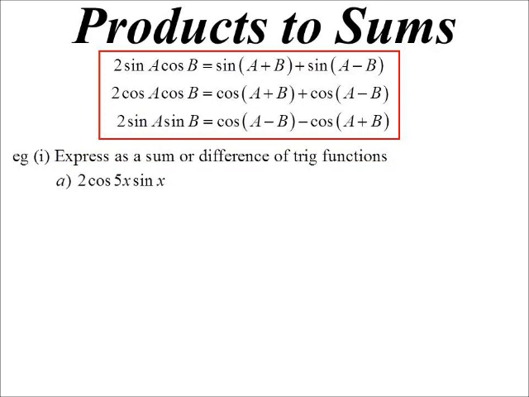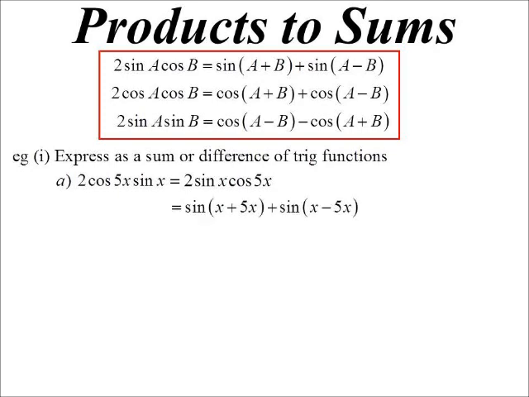Something like this. 2 cos 5x sine x. So I've got cos sine, or sine cos, depending on how you want to say it. So that must have come from the sine one. Just to get it into my head, because I prefer sine cos rather than cos sine, all I've done is swap the 2 round. So it says, oh look, it's sine cos. It must have come from the sine formula.